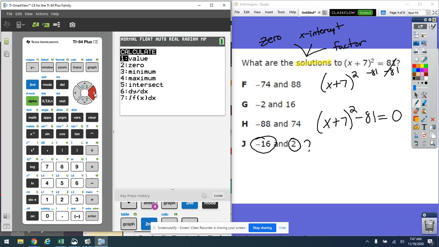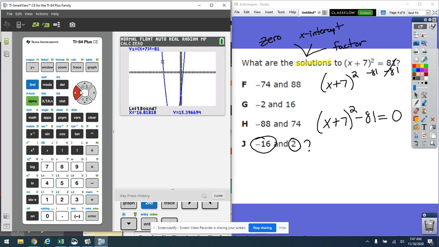If I want to do the 0 part using this type of calculator, I have to pinpoint where I'm going to be. This is my left side of that bound, and this is my right side. Then I'm going to take a little guess in between here. And if you notice, 0 is at that negative 16 point, hitting right on that x-intercept.